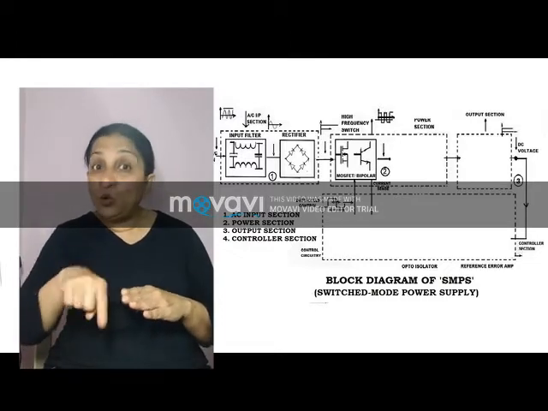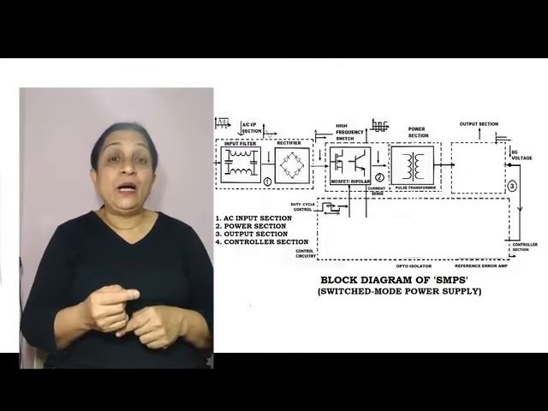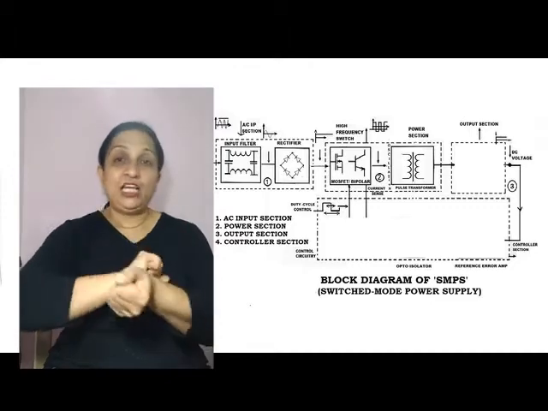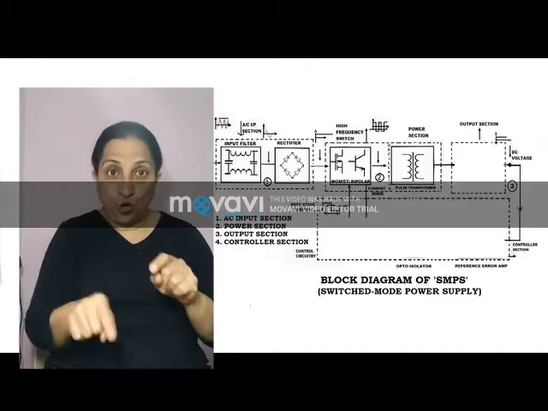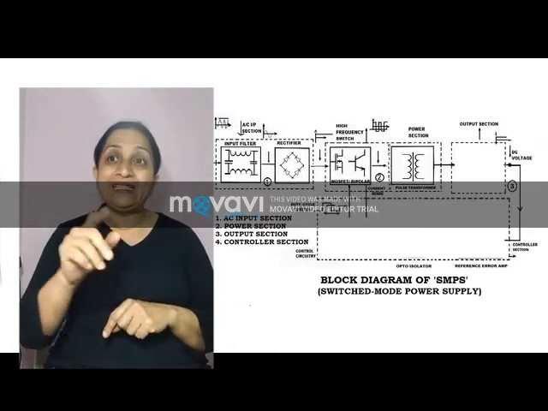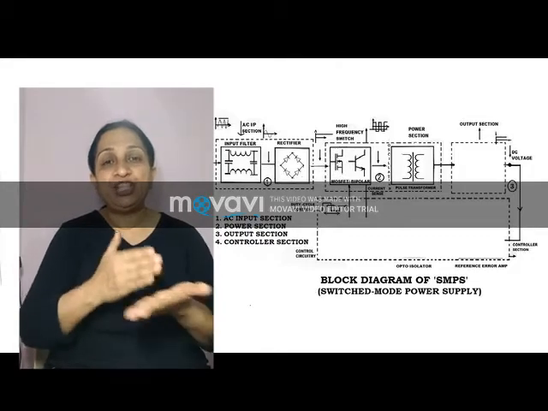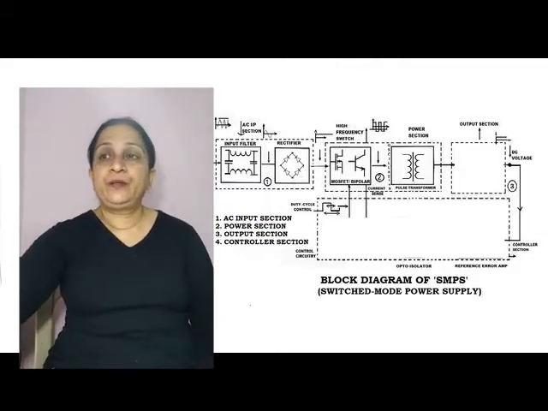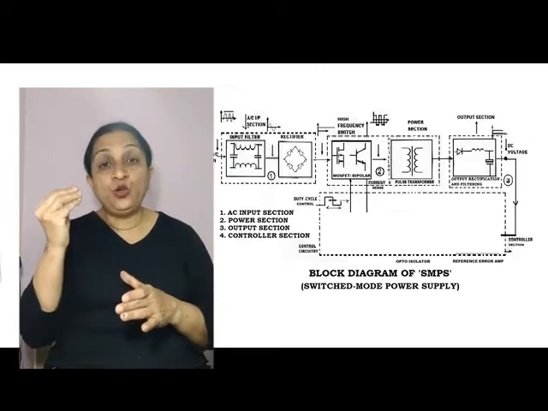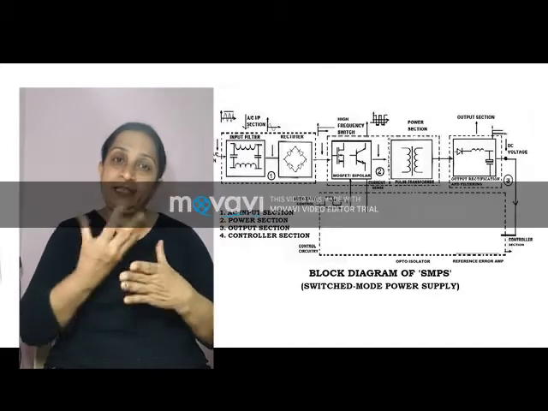Okay, now we will go to the next block in this. The next block is pulse transformer. That you have to draw a line and the 2 diagrams like this you have to draw. That is the pulse transformer. That finishes the section 2. Now we go to the third section, that is output, rectifying and filtering.